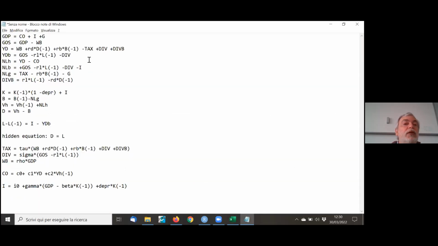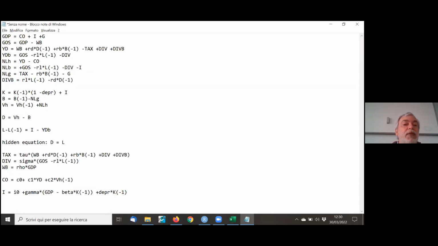I have not listed this in here, but I should list VB as the difference between capital and loans. But this VB is not feeding back to anything. So it's a stock which is there but plays no role. But I would suggest that we handle this later.